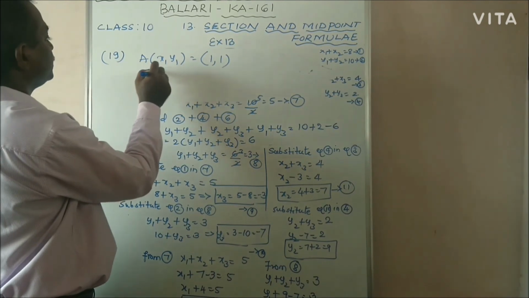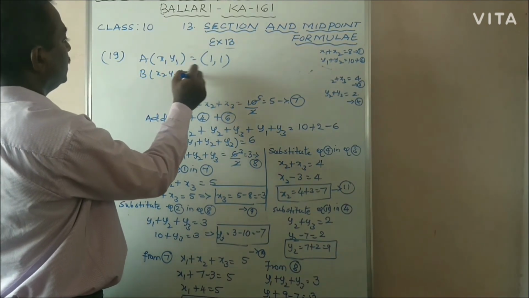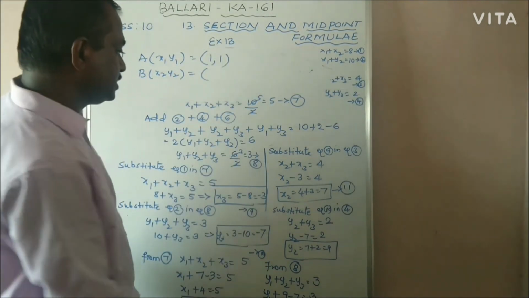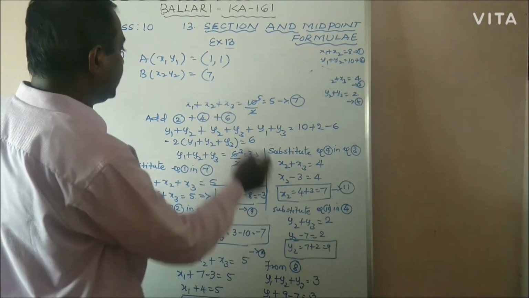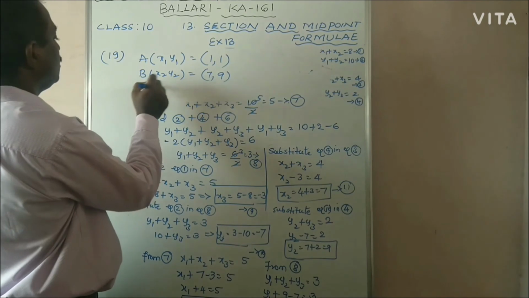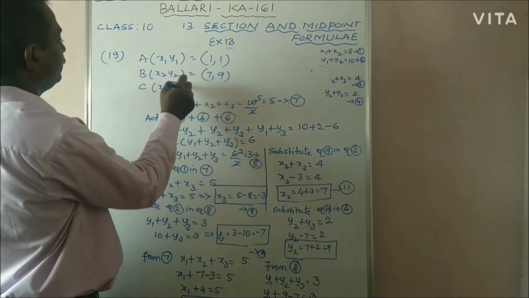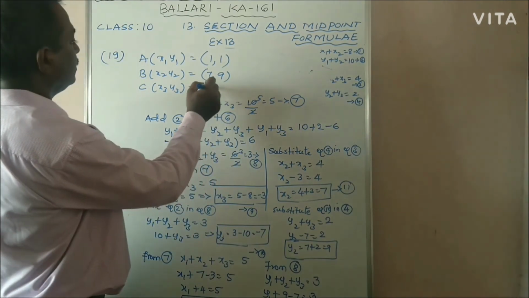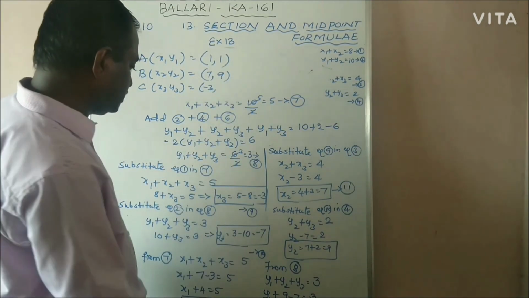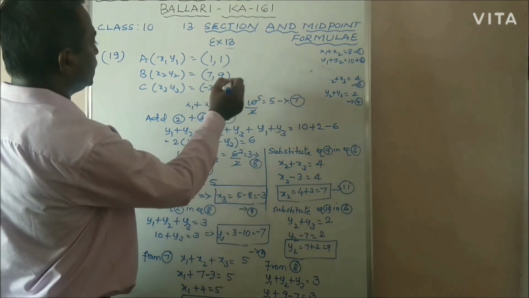B coordinates x2, y2: x2 means 7, y2 means 9. C coordinates x3, y3: x3 is minus 3, y3 is minus 7. So these are the coordinates.